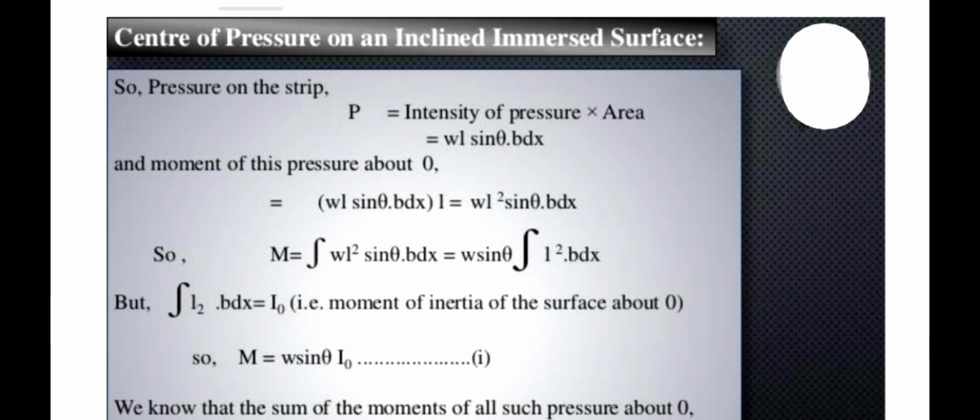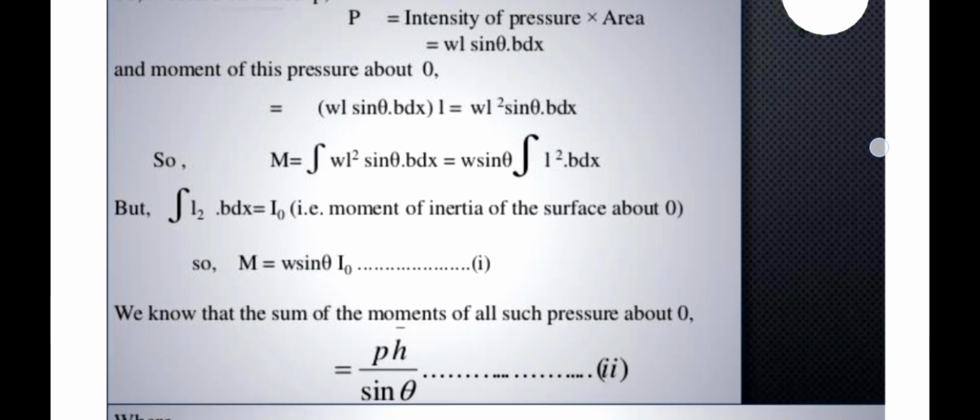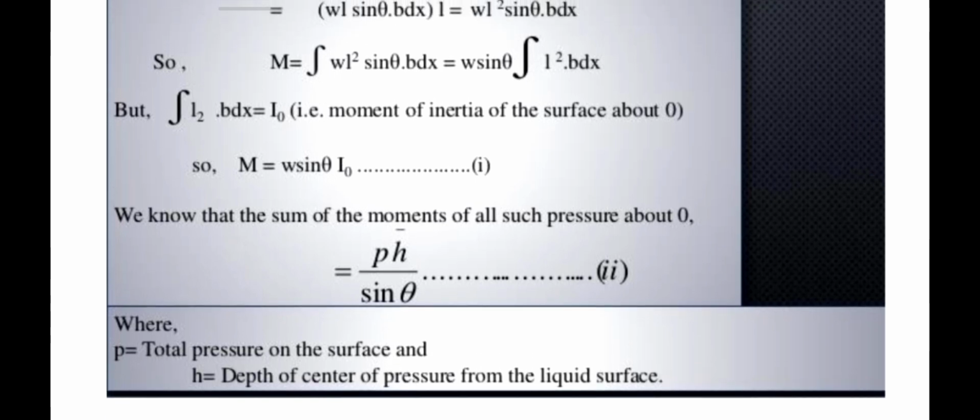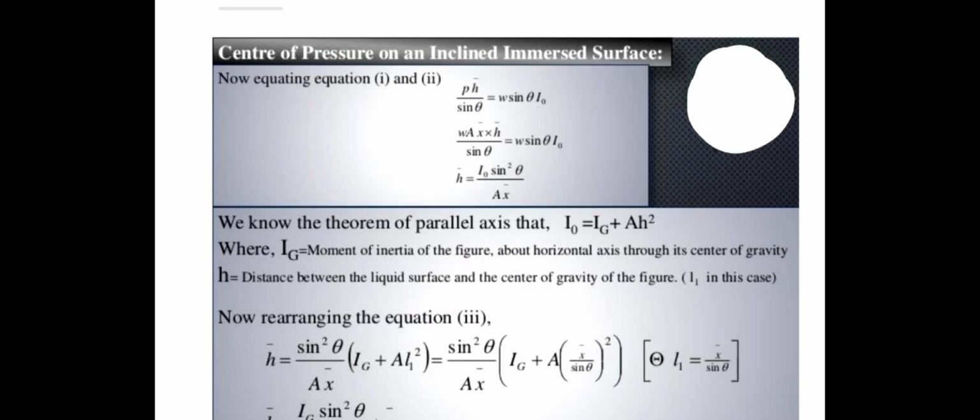We know the sum of the moments of all such pressures about O is equal to P h bar divided by sine theta, where P is the total pressure on the surface and h bar is the depth of the center of pressure from the liquid surface. Center of pressure on an inclined immersed surface.